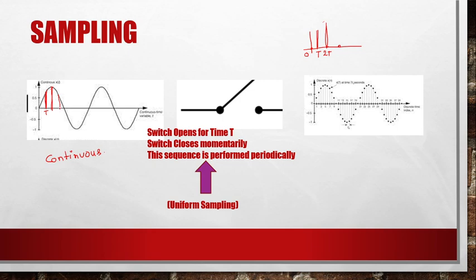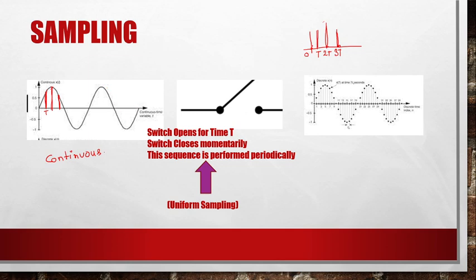Suppose I am getting the next thing here. So this is basically the information at 3t. Initially, on the left-hand side of the switch, the signal was continuous.